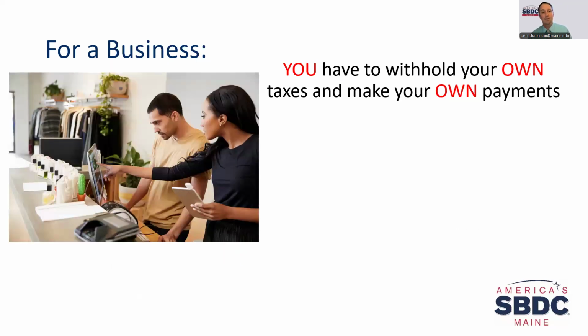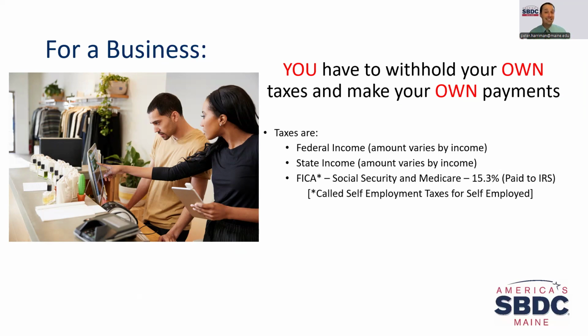Right. Now, for a business, you have to withhold your taxes and you have to make your own payments. So remember those taxes we just talked about: the federal income tax, there's state income tax, and there's the FICA, which when you're self-employed, they call self-employment taxes, not FICA, but it's the same thing, Social Security and Medicare.